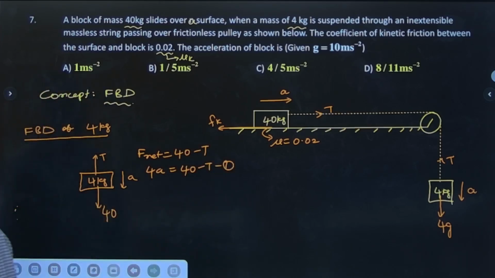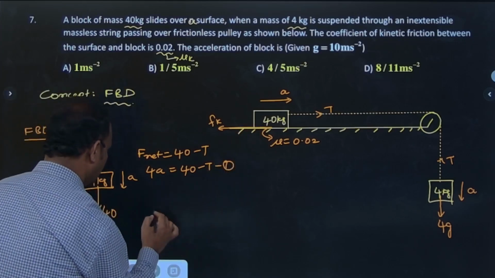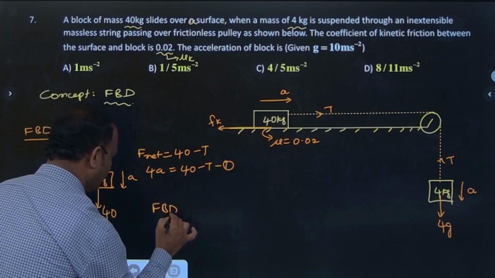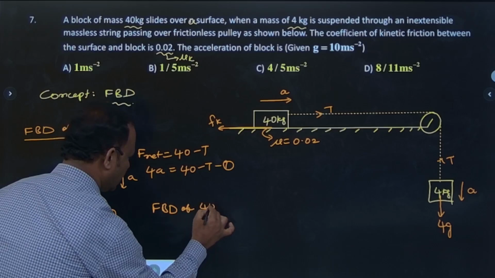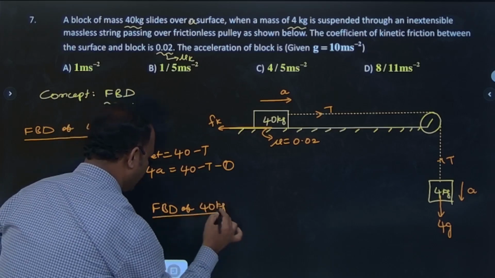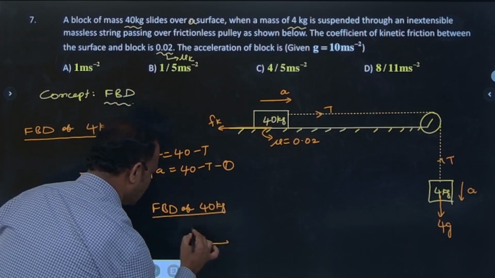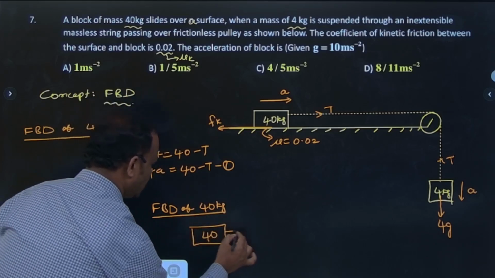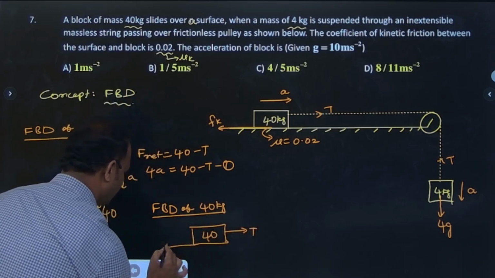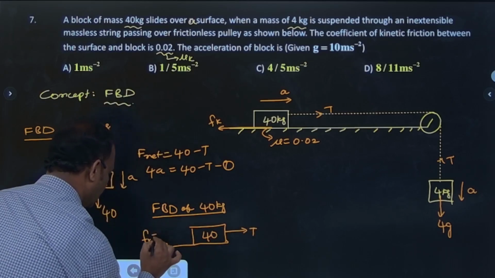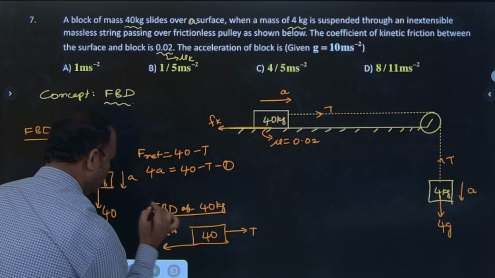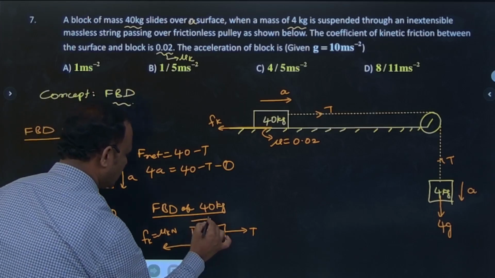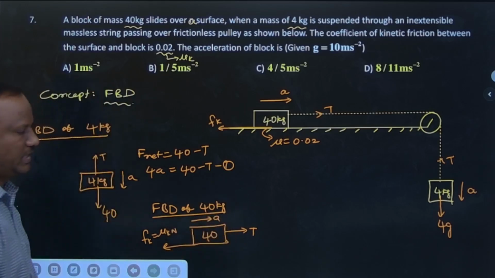And second, the FBD of the 40 kg block. Tension is T. Frictional force is backward, Fk. Fk is equal to mu k into N. Acceleration is in the forward direction.